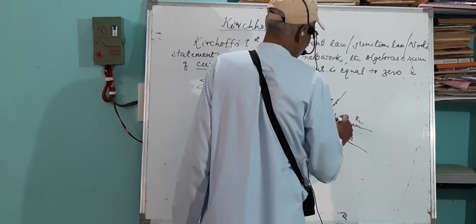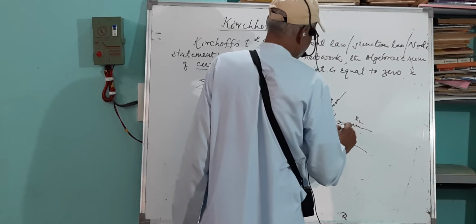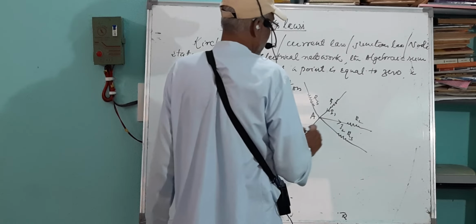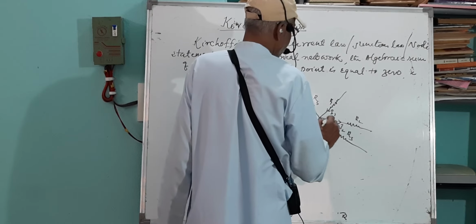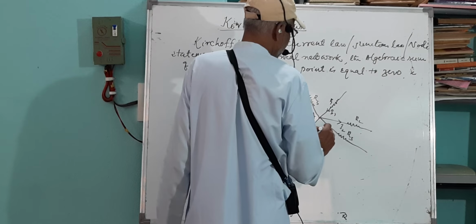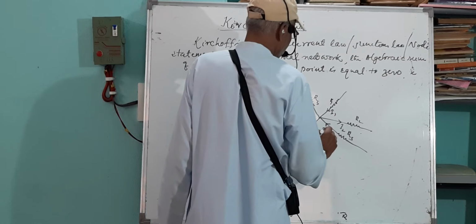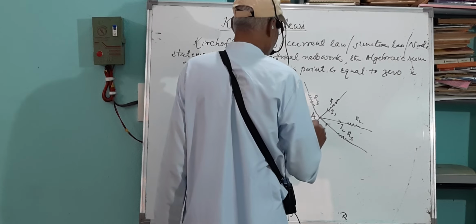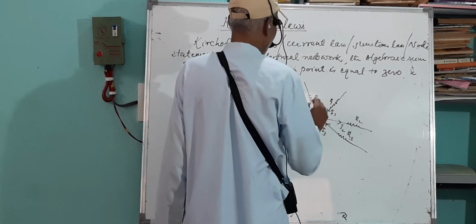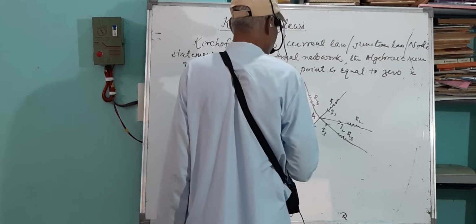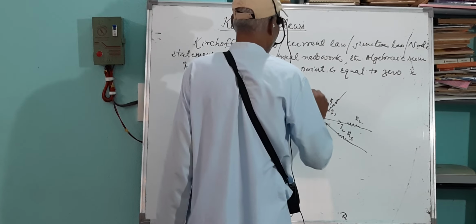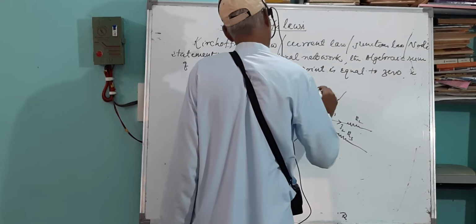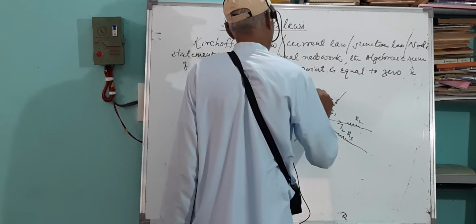In the second conductor, current I2 is leaving from the junction. In the third conductor, current I3 is coming toward the junction. In the fourth conductor, current I4 is leaving from the junction. In the fifth conductor, current I5 is coming toward the junction.